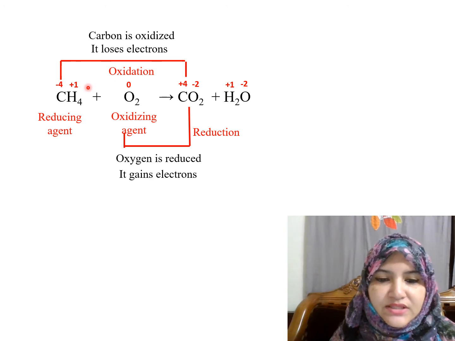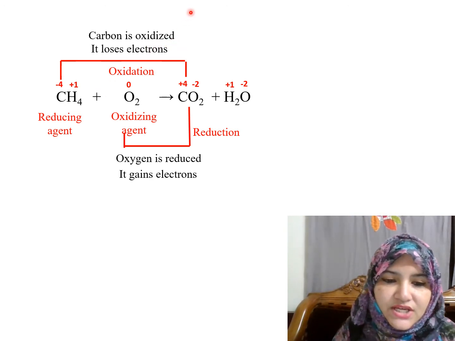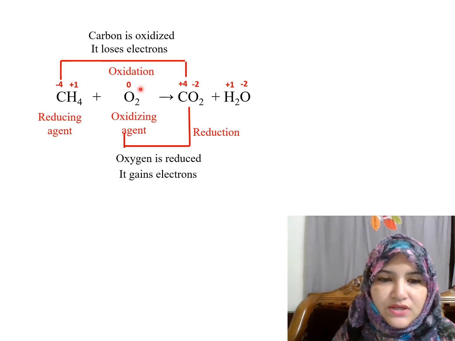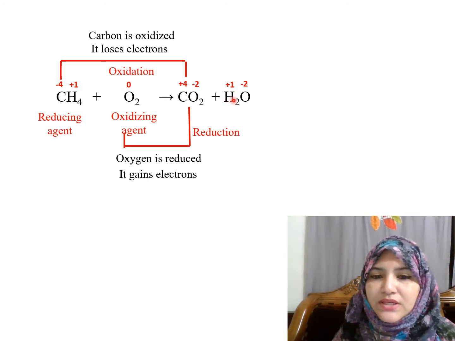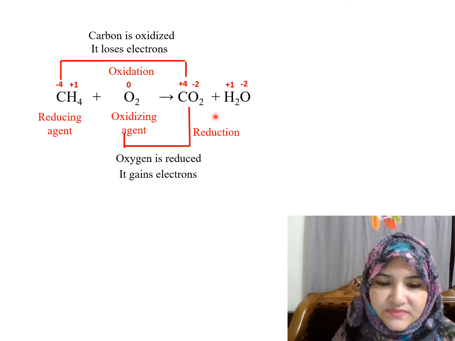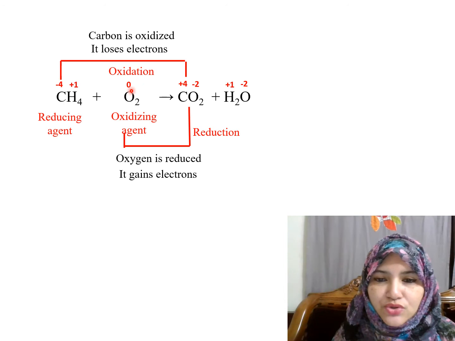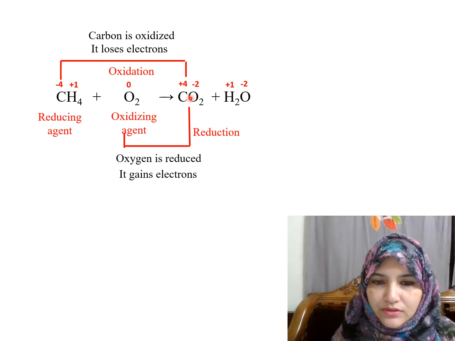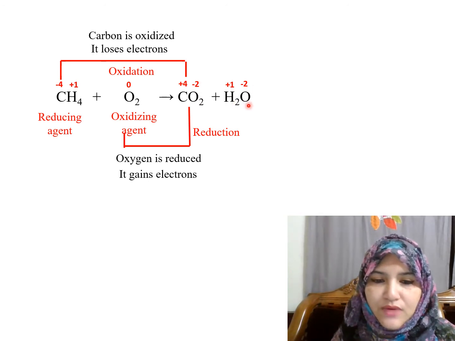That means methane is oxidized. Now hydrogen does not change: +1 in the reactant methane, and +1 in the water product. But oxygen changes from 0 to -2, in carbon dioxide and also in water.